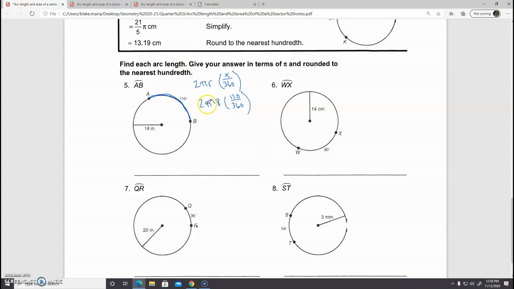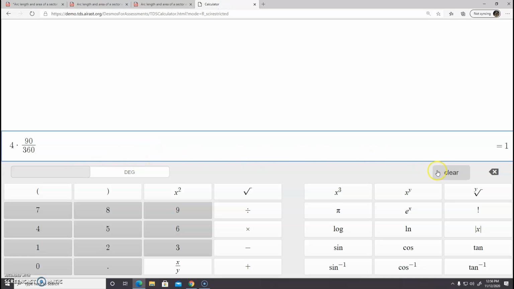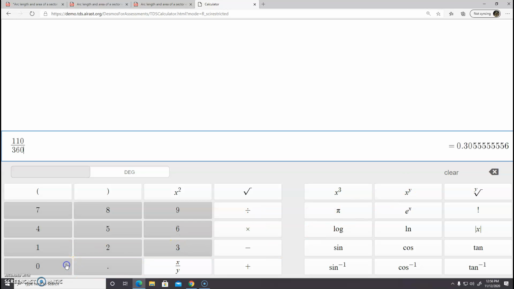And we're going to type everything in except for pi, because again, they want it in terms of pi and rounded to the nearest hundredth. Okay, so we're going to come back to our calculator. And we had 110 divided by 360. And then we wanted to multiply that by 2 and 18.